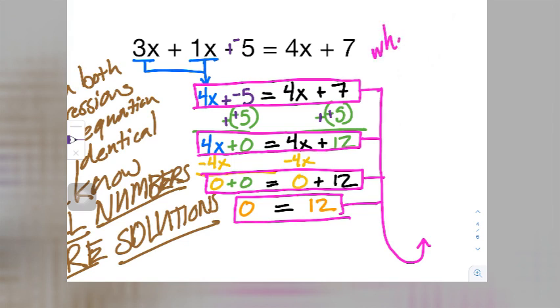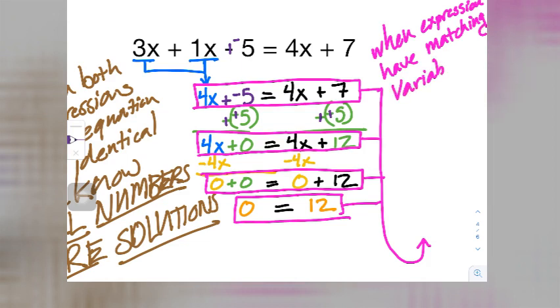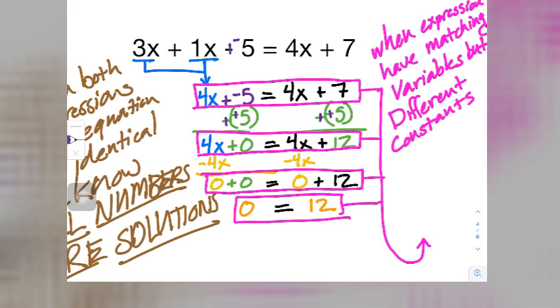When expressions have matching variables but different constants, constants are just the regular numbers that you guys have been learning about since kindergarten.